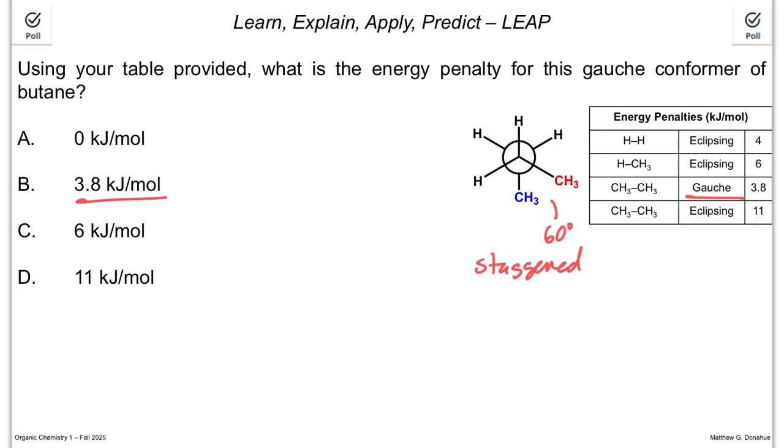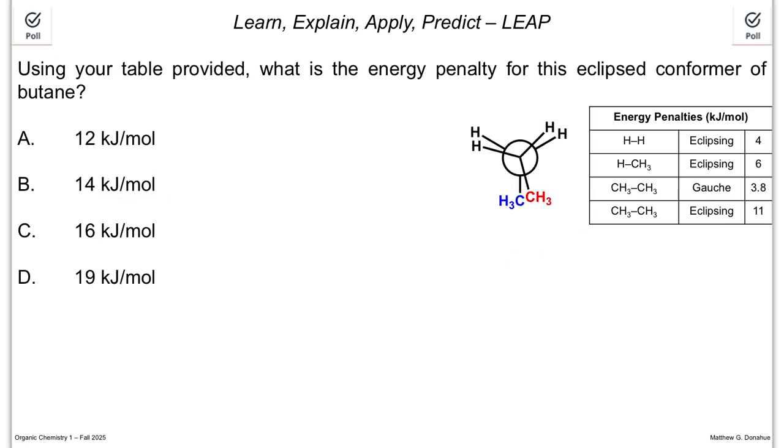And then we do one more rotation to get the 4th unique conformer. And you can see from the energy penalty table that one's going to have a methyl eclipsing. So that's one of the bigger ones here. So we're back to eclipsed. We have the 1, 2, 3 interactions.